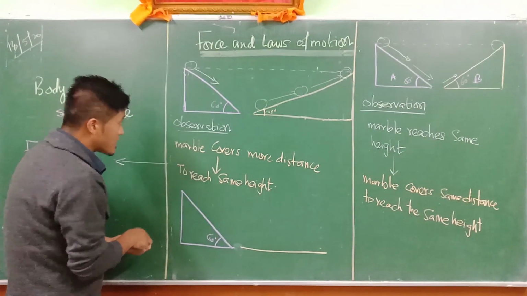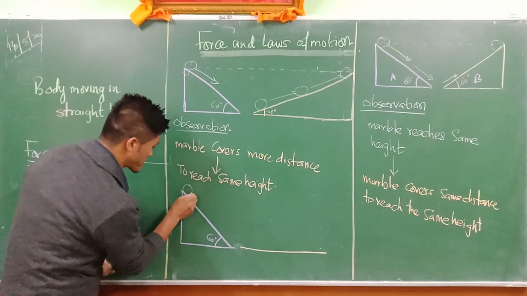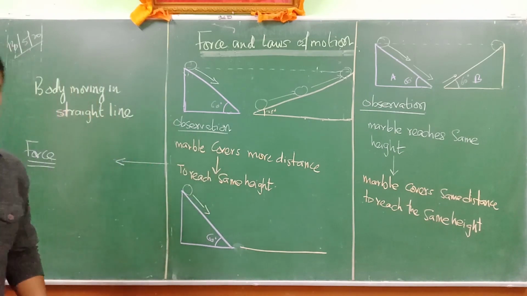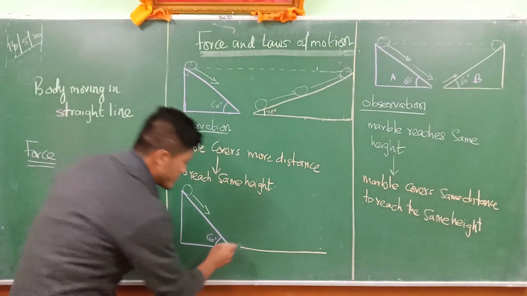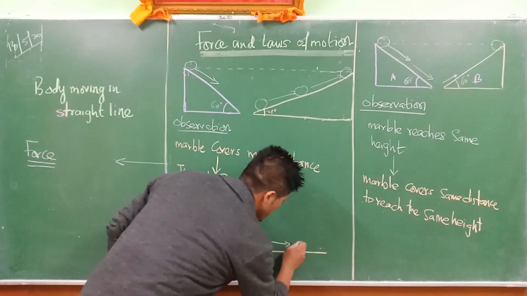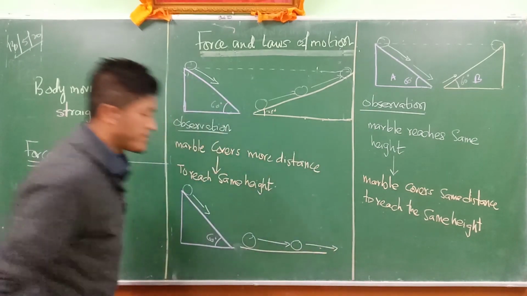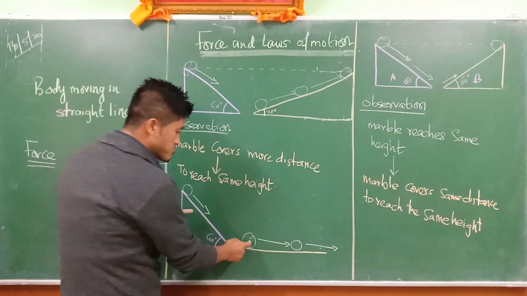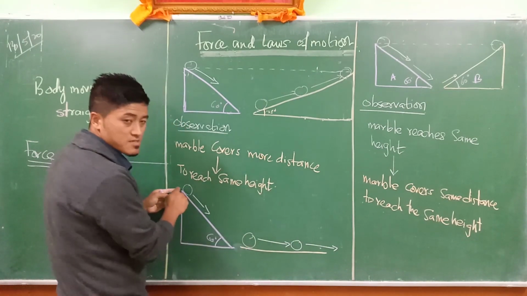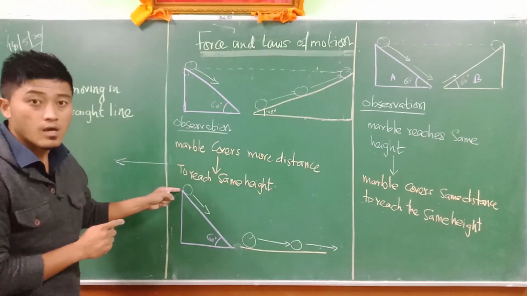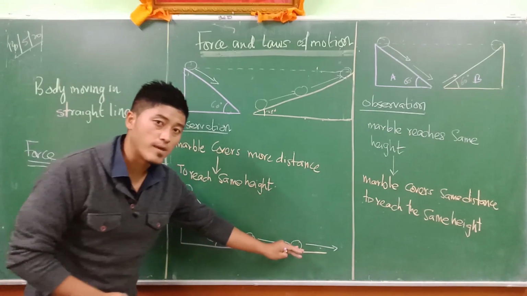So he again rolled down a marble from here. Now what will happen? You somehow know it. Naturally, this marble is going to roll down. Is it possible for this marble to reach the same height as this inclined plane over here? It's not possible because it's on a horizontal way here.